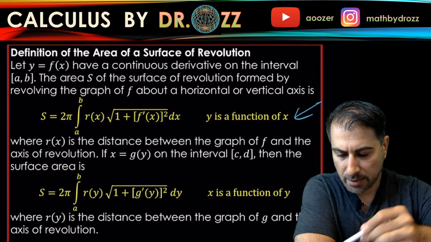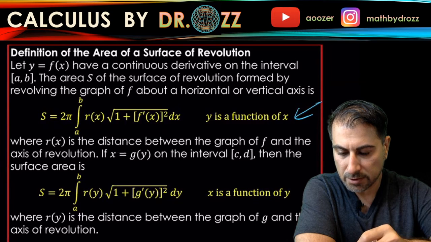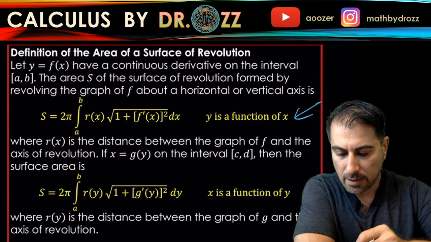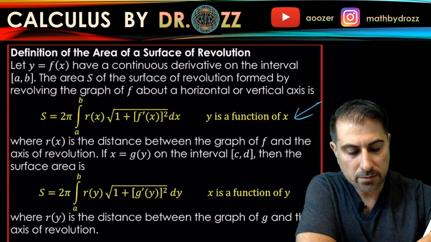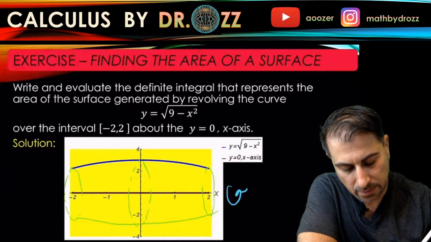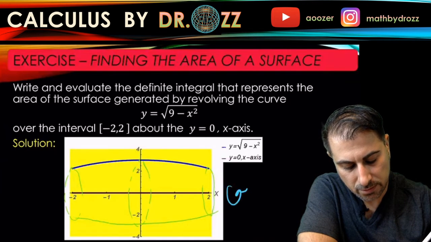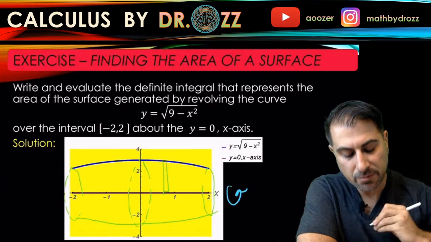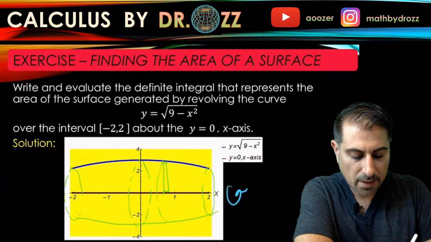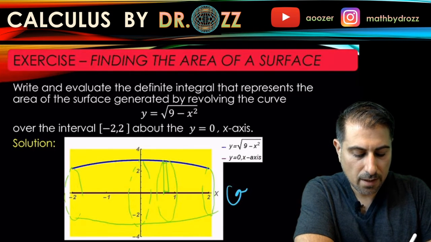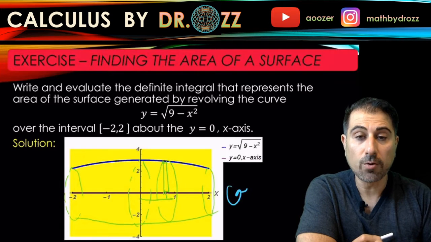So here we go. I'm going to have a little cross-section here, and I'm going to revolve it around. Let's say this is x units far from the origin.